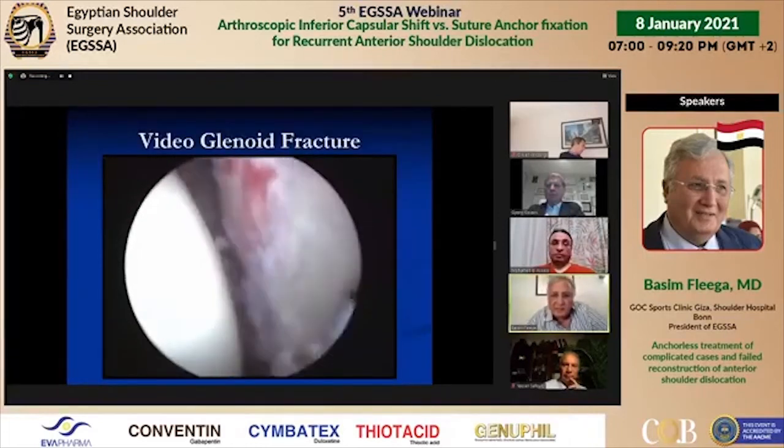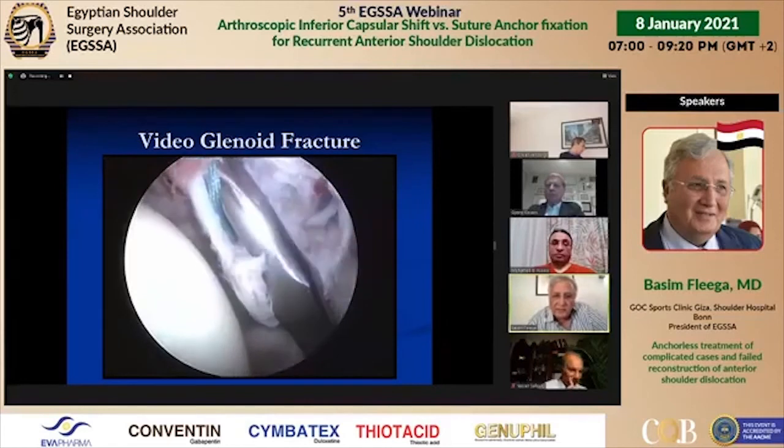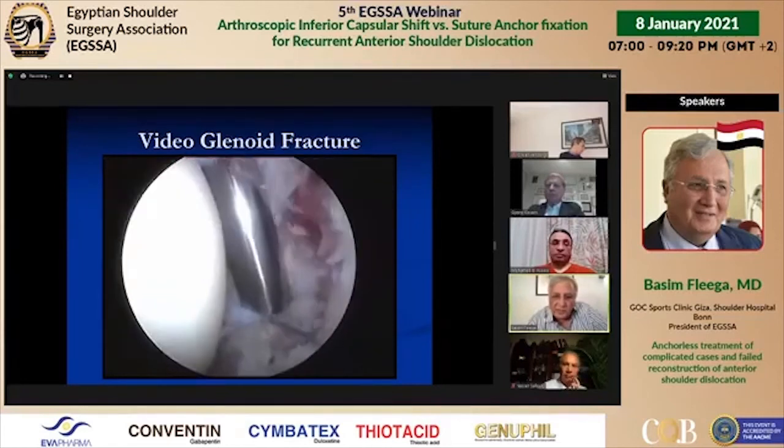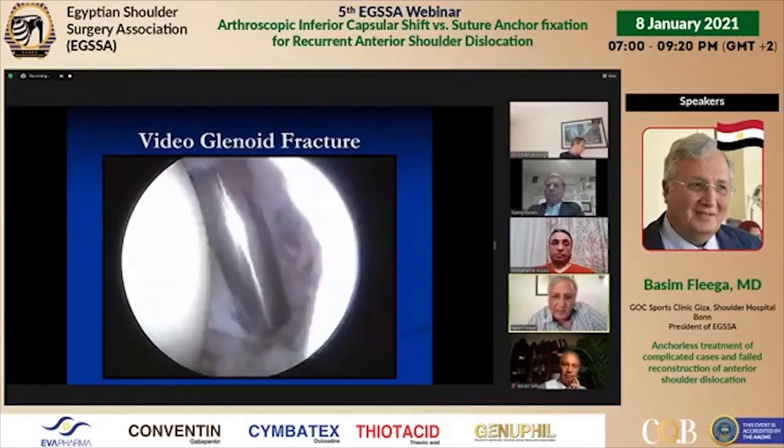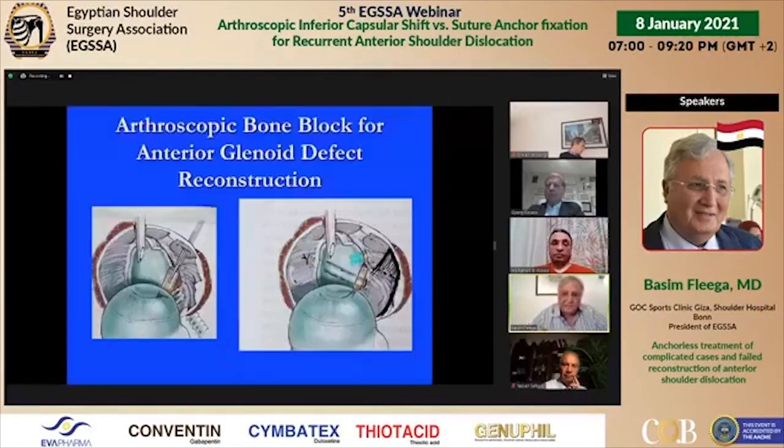Here we see the fracture, and after passing the suture through the glenoid and the labrum, then tying it back. In case of a defect in the anterior glenoid, larger, you use a bone block or Latarjet.